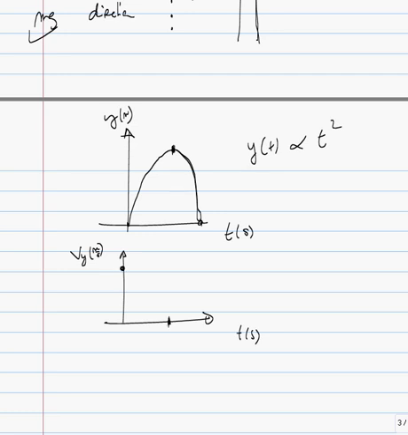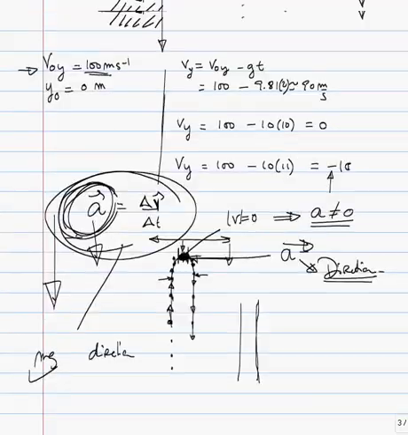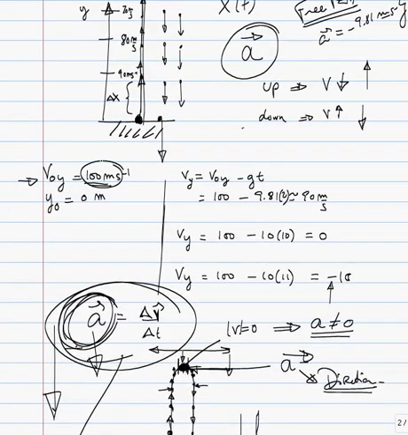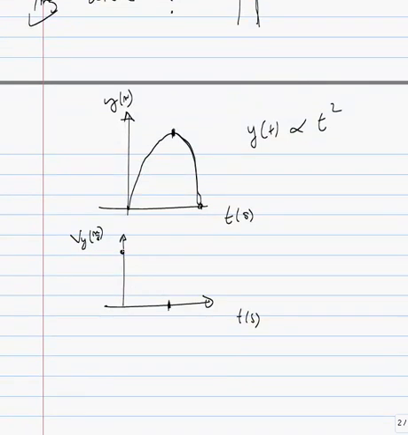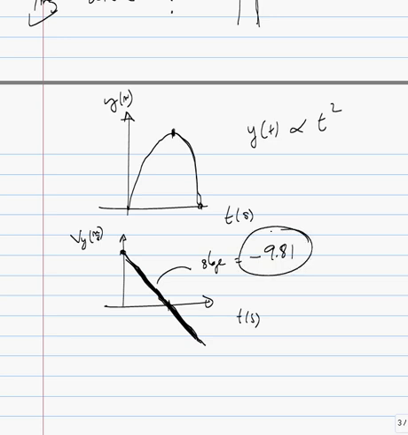The velocity starts at a high value, which is the value that we needed to have to get it off the ground, in this case 100 meters per second, and the velocity will decrease its magnitude linearly such that the slope is the actual value of our acceleration, minus 9.8.